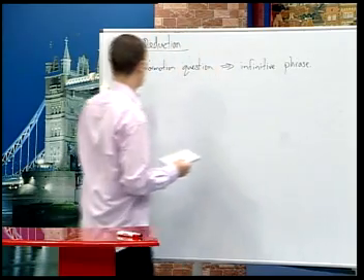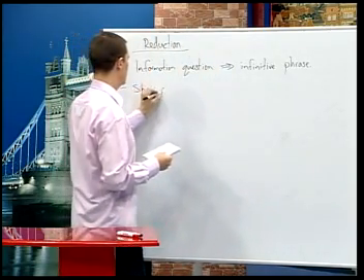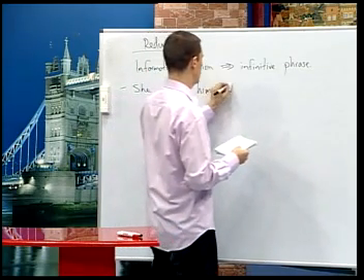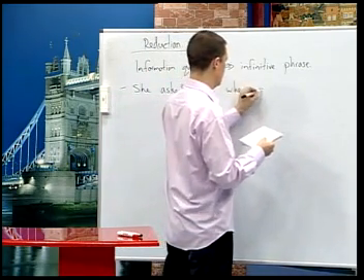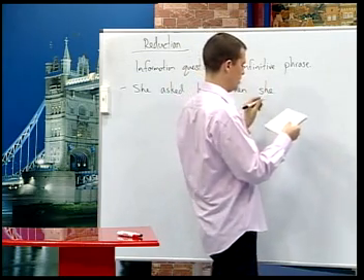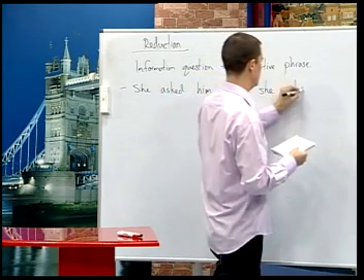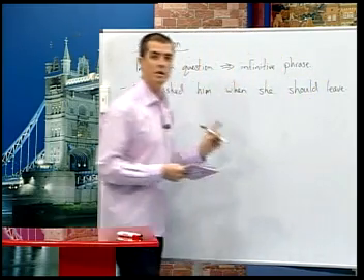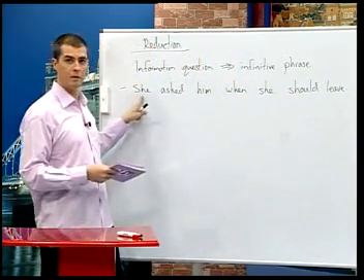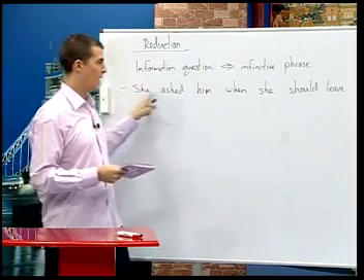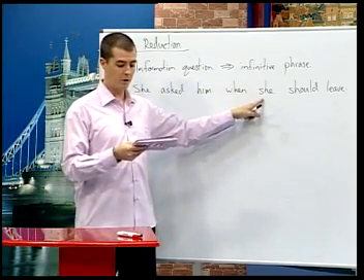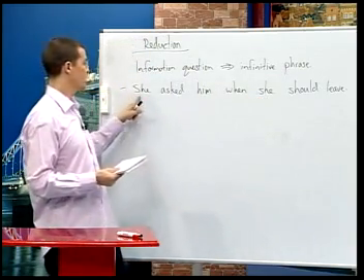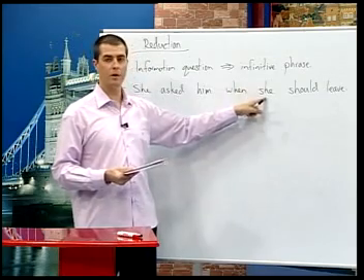Let's begin with the reported speech. She asked him when she should leave. Now, we can only do this when the speaker, she asks, and the subject of the noun clause, the subject of the question, is the same person. So she is asking, and she's asking about herself.